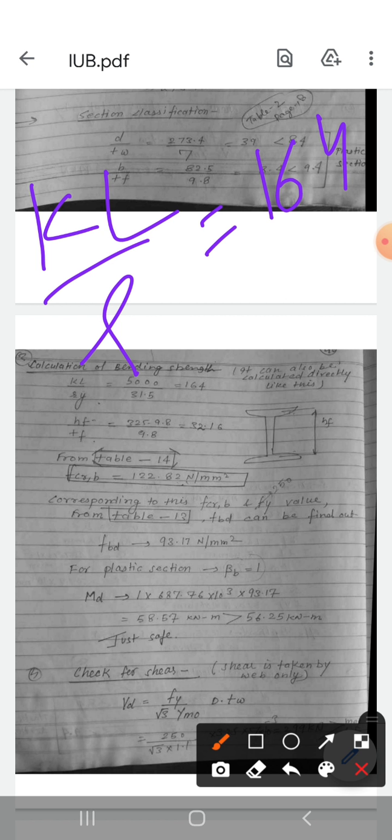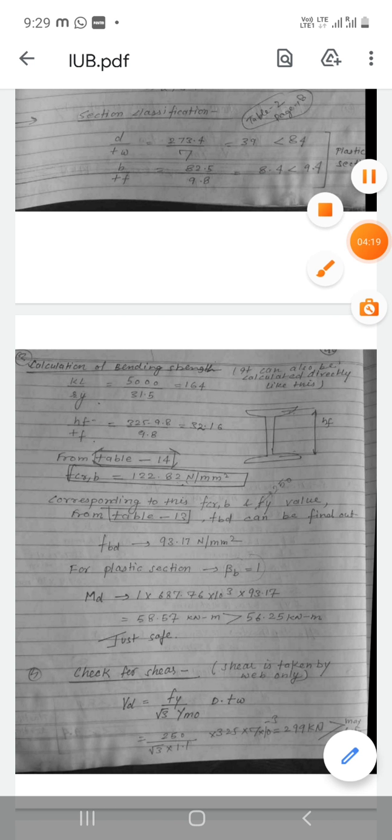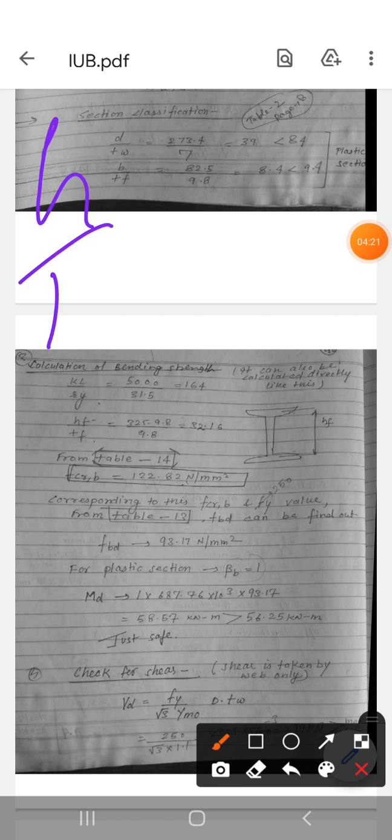Okay, and h upon tf value. So now we'll calculate the h upon tf value. First we have to know h.